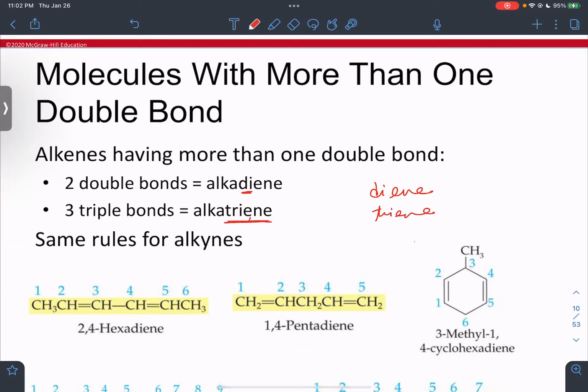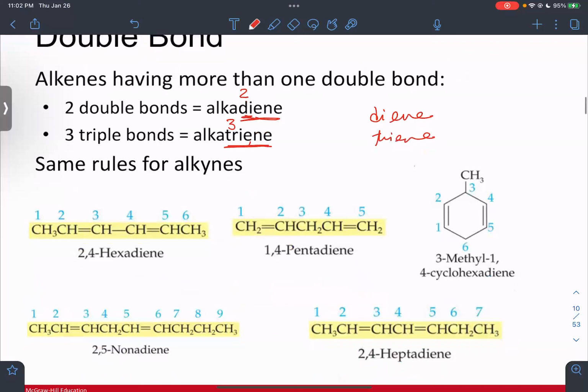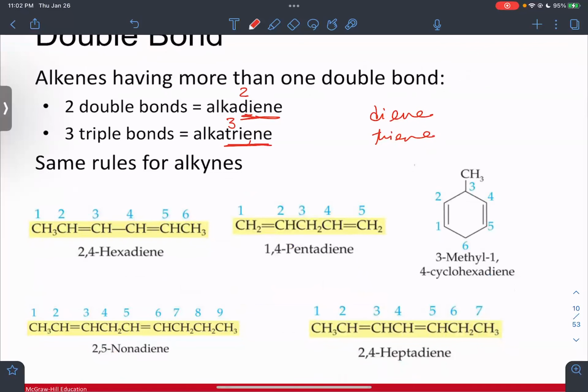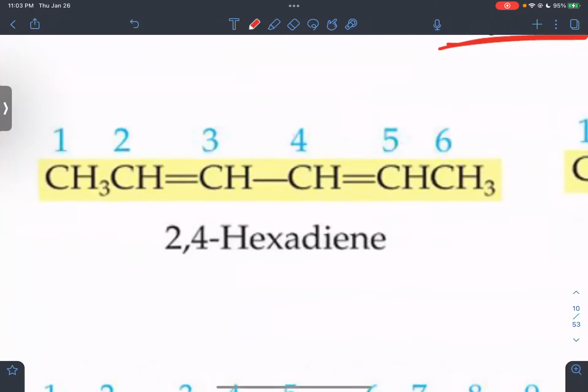The triene and the diene tell you, okay, I have 2 carbon-carbon double bonds, I have 3 carbon-carbon double bonds, right? And it's the same rule for the alkynes. You would use the di, the tri as prefixes. Okay. So here's a diene here.